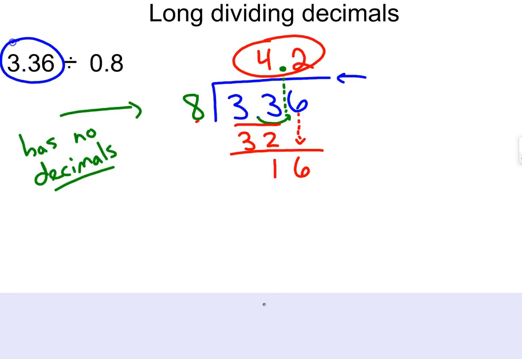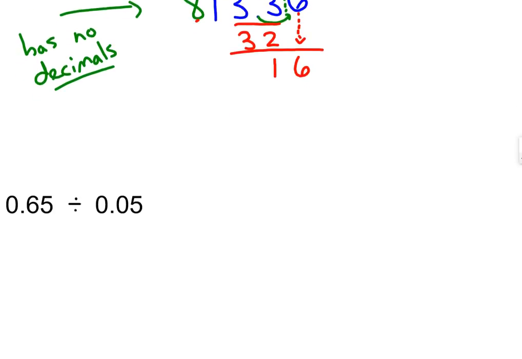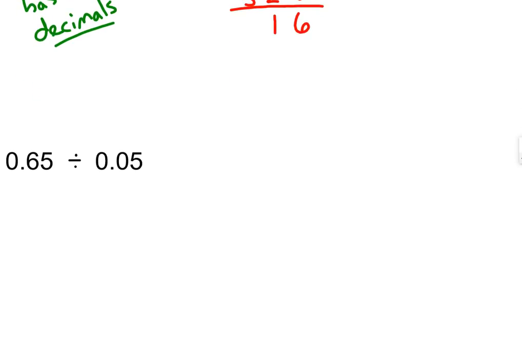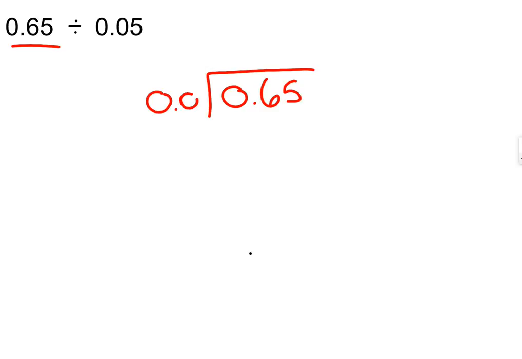Let's do one more example of that. You have 0.65 divided by 0.05. Again, the front number is the number that goes on the inside, 0.65, divided by 0.05.